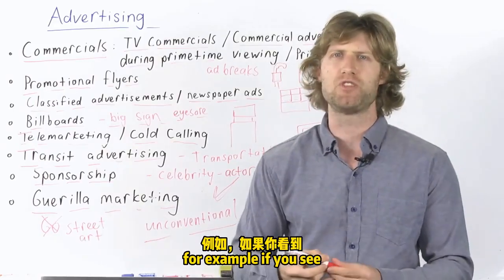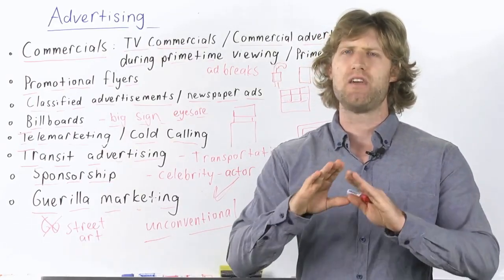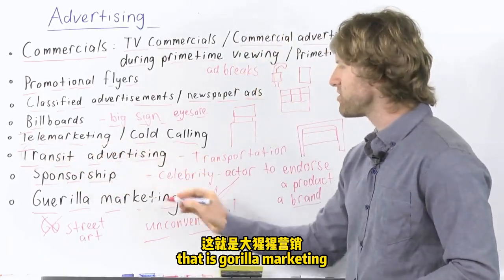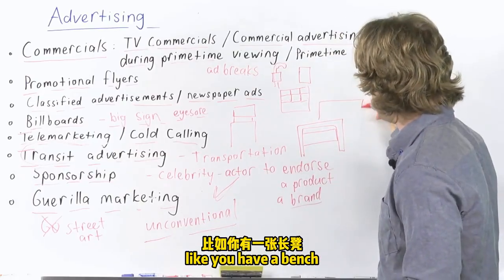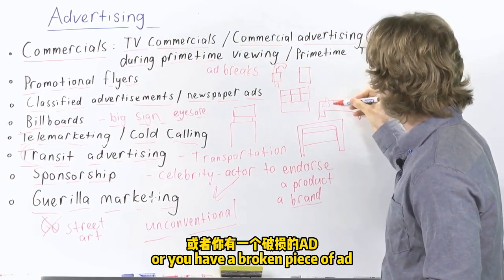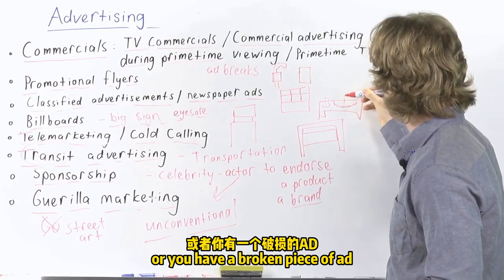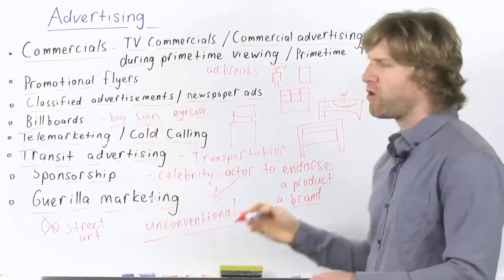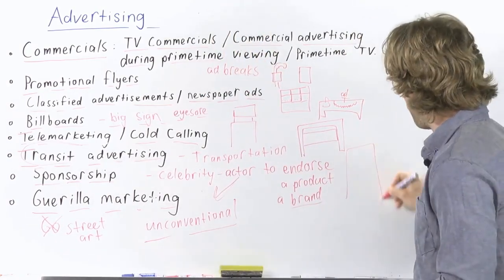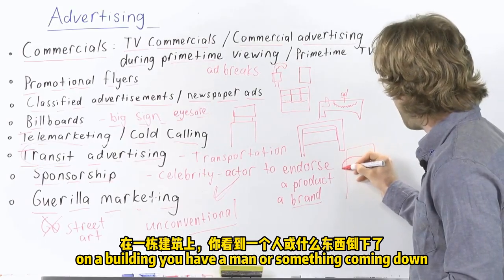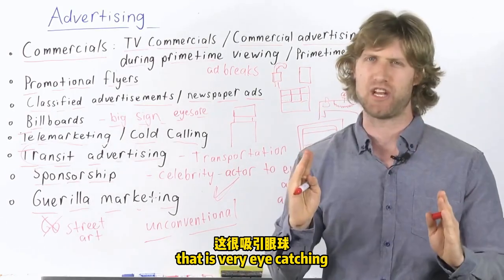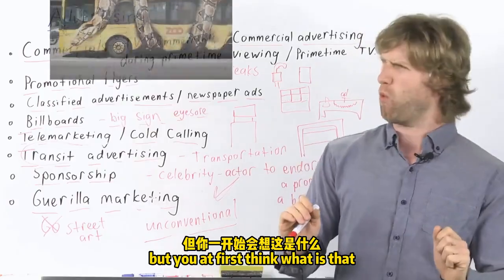For example, you can have transit advertising that is guerrilla marketing, like you have a bench and on the bench you have either a piece of art or you have a broken piece of ad, or sometimes street art like on a building you have a man or something coming down that is very eye-catching, but you at first think, what is that?